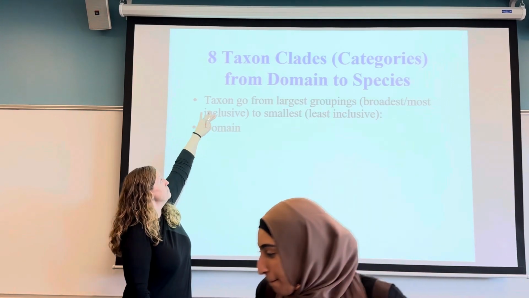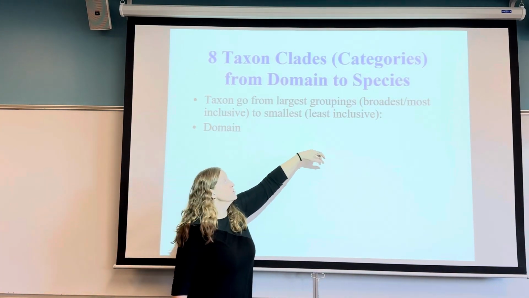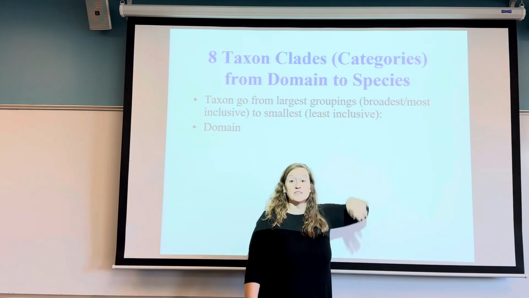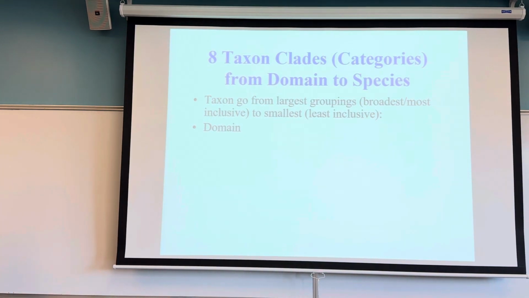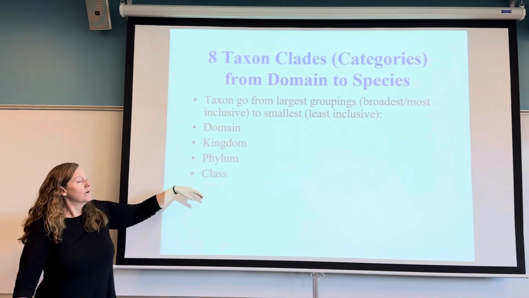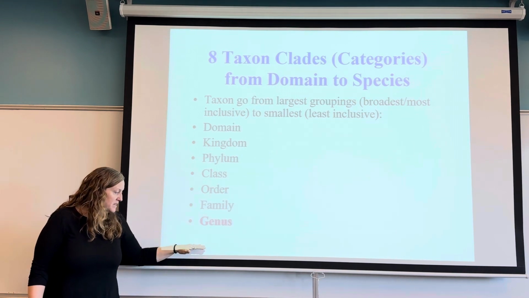So we go from most inclusive, including the most organisms, to least inclusive, the species, which only includes one group each. So we go domain, kingdom, phylum, class, order, family, genus, and then species.